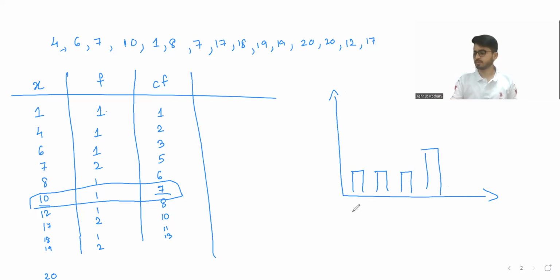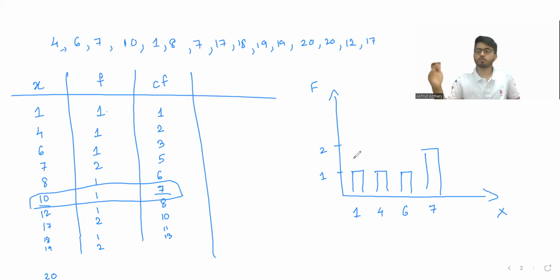I'm just giving an example here: 1, 4, 6, 7. This corresponds to 1, this corresponds to 2. From here we have the set of values, and here what I have is the frequency. This is how a typical bar chart will look.